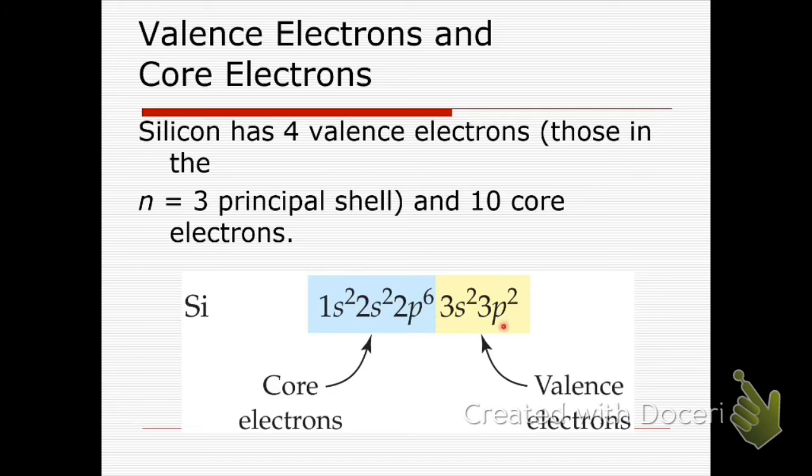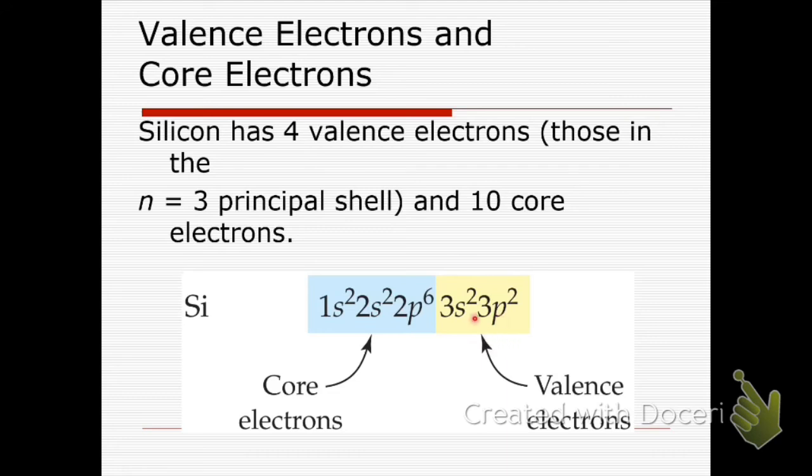Valence electrons are those that have the highest energy level. So I look at all my coefficients and I see the highest coefficient is 3. So I have 3s2 along with 3p2. So all of these shown here in yellow are valence electrons.